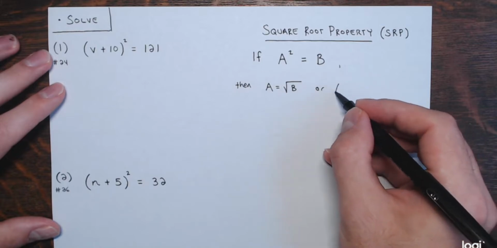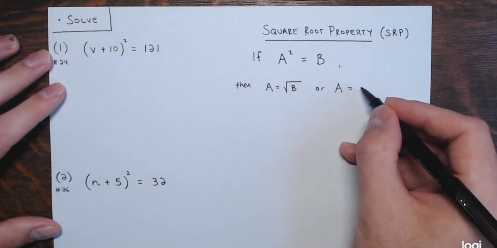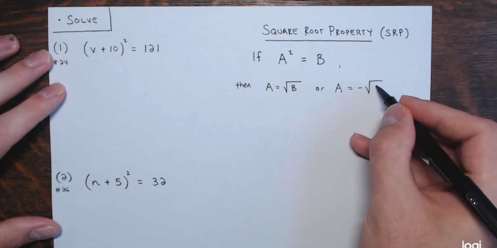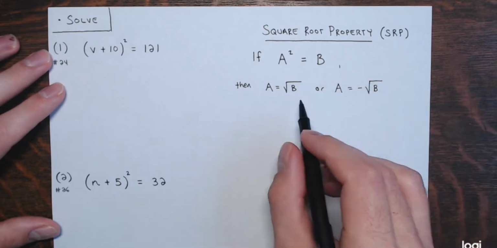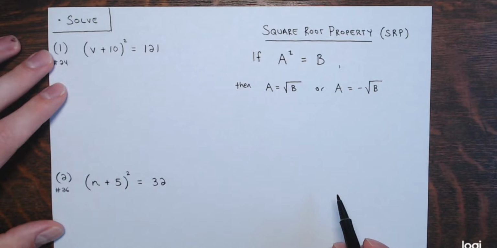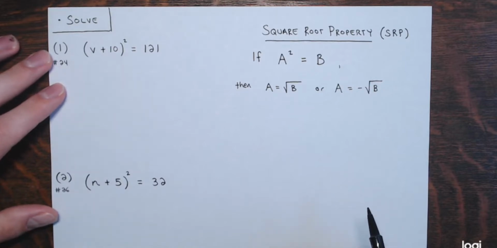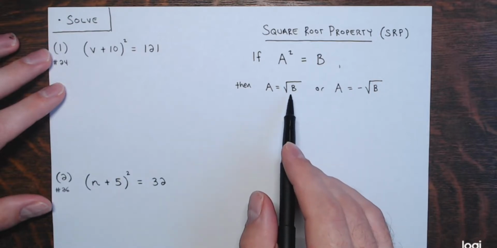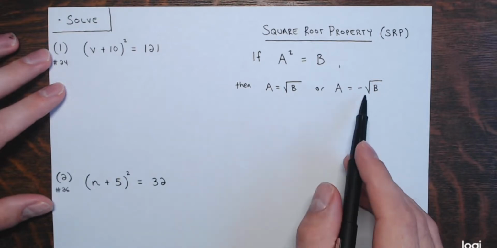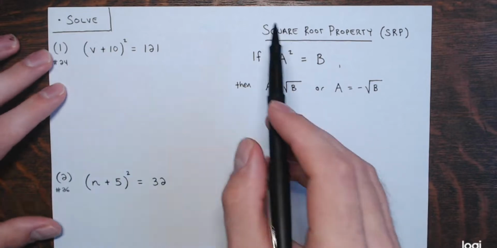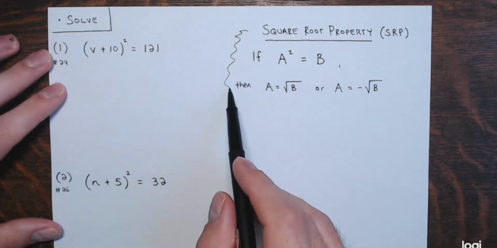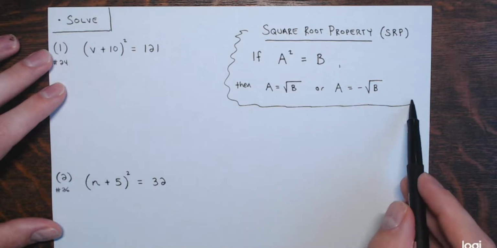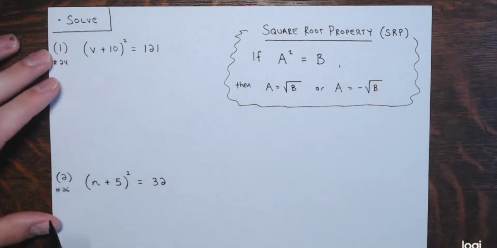So a could be the negative square root of b. This comes from the fact that every number that's not 0 has two square roots, one positive or principal square root, and then its opposite. And this will be applied in every single problem we do in this video. Okay?